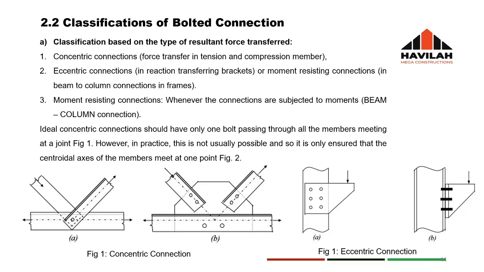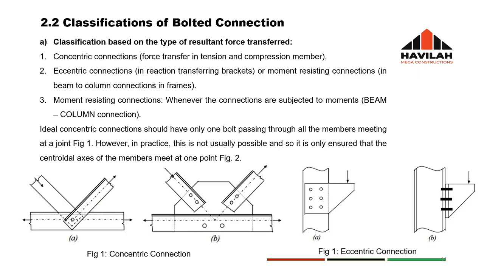When you have an axial load to be transferred to a stanchion, for example, sometimes we use brackets to receive the load and then transfer it to the stanchion. In that case, you have an eccentric connection, seeing that the axial load is at a distance away from the centroidal axis. And also we have the moment resisting connection.